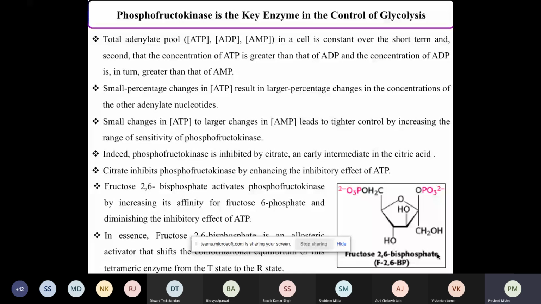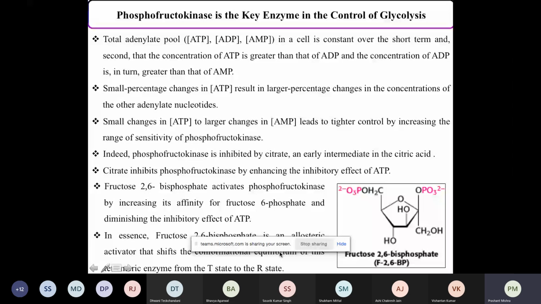But this molecule is not for energy generation. It is not for going further for metabolism in glycolysis, but rather this molecule is for controlling glycolysis. And let us see how it works.